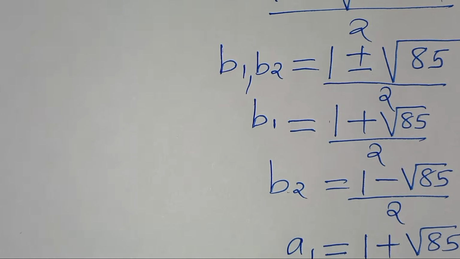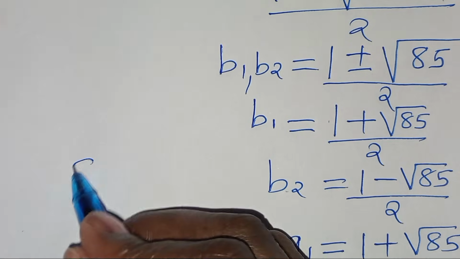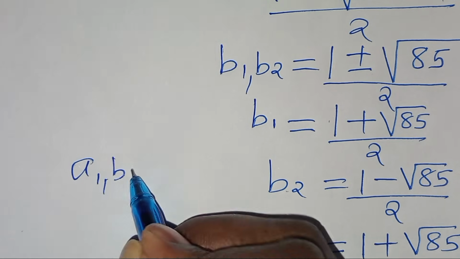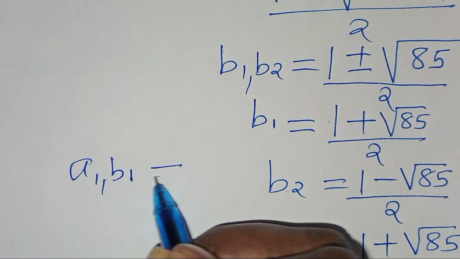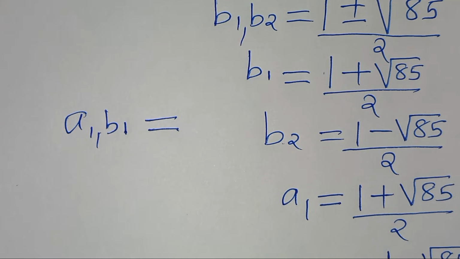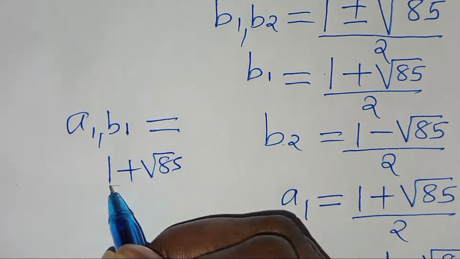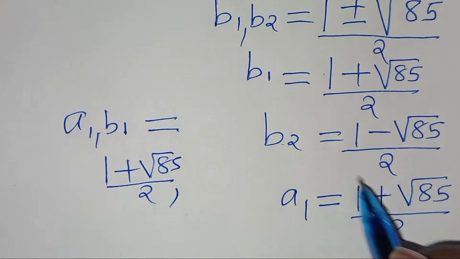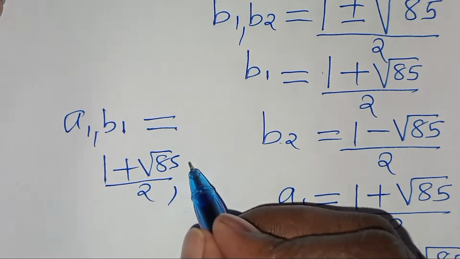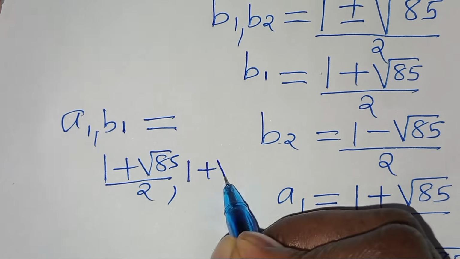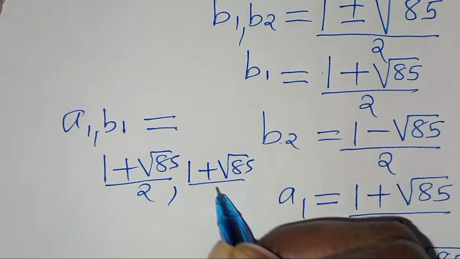So we have that the first set of solution here, that is A1 comma B1, is equal to (1 plus square root of 85) divided by 2, comma (1 plus square root of 85) over 2.